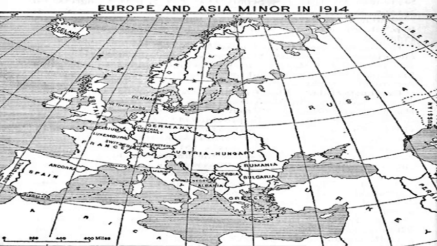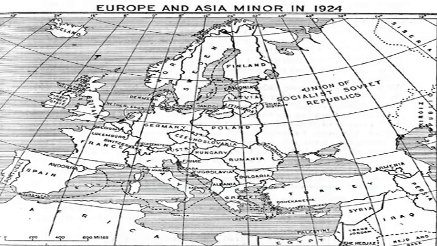So again, at the outset of the war, this is what the map of Europe looks like in 1914. You see there's no Finland. Russia's very big. There's not as many countries. Austria-Hungary is big, and Germany, etc. By 1924, you've got the Baltic states up here, Latvia, Estonia, Lithuania. Poland is new. Czechoslovakia, Austria and Hungary are much smaller, and they've separated into two countries.